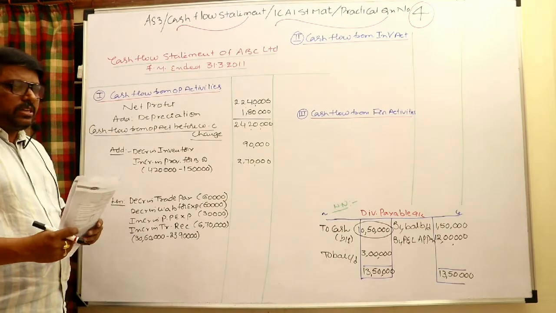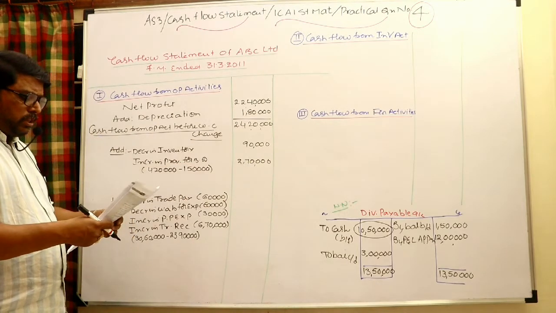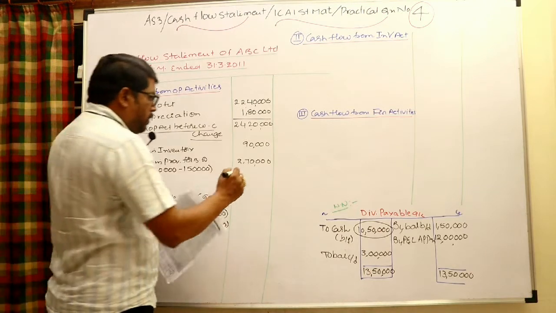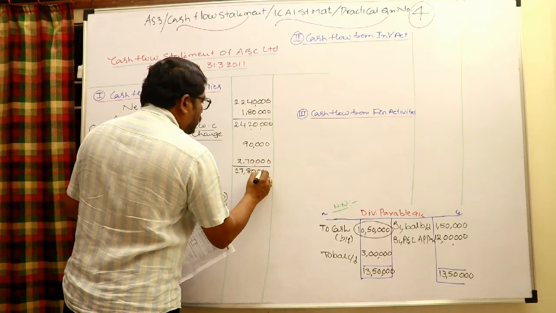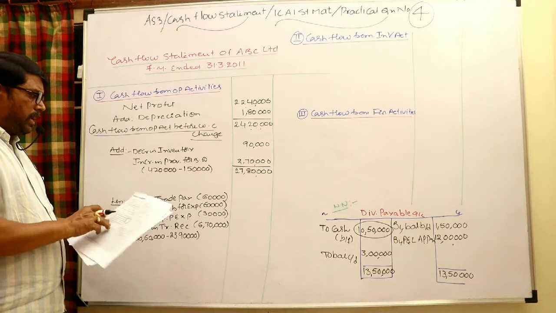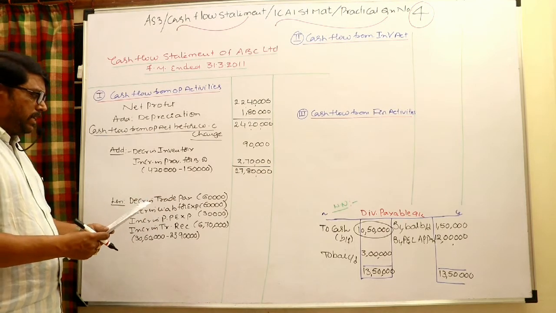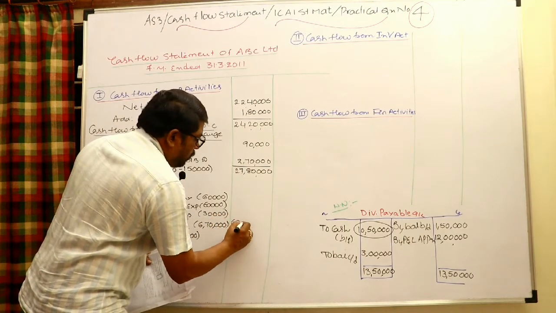While taking the change in working capital, two items are to be added, and after addition of these two items the resulting amount is 27 lakh 80,000. But there are 4 subtraction items; if you add all of them, the resulting amount is 8 lakh 20,000.